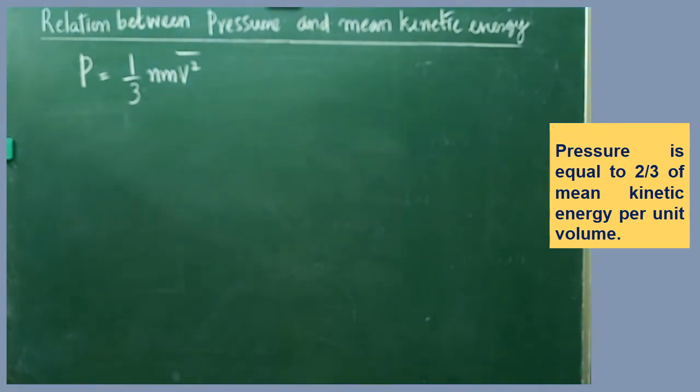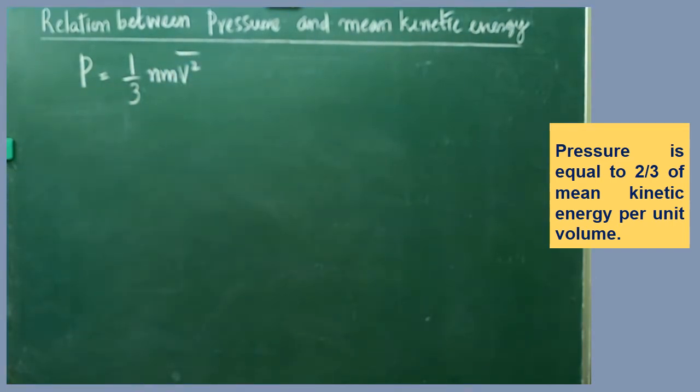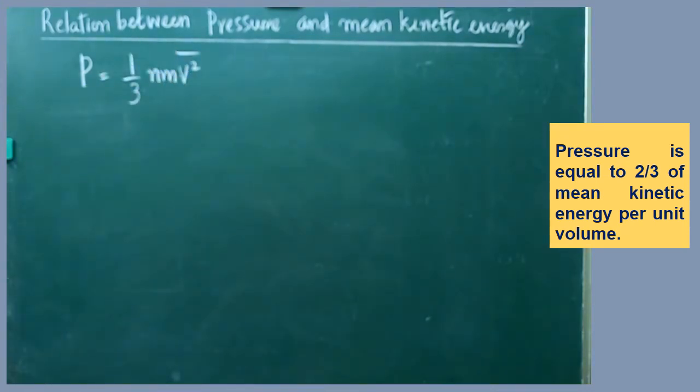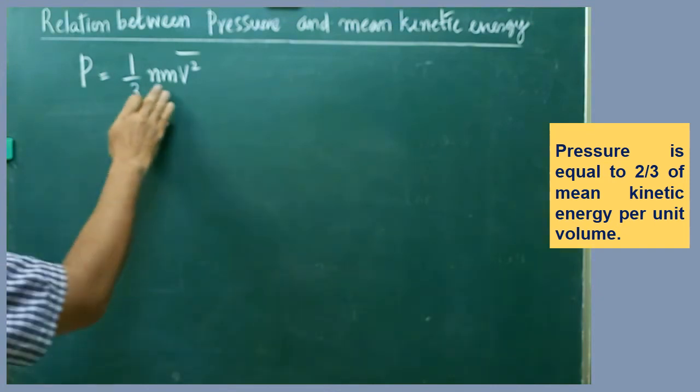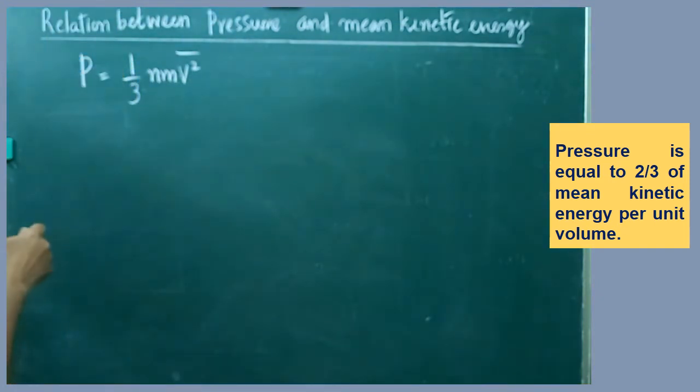Are you clear? We already know very well what v square bar is. That is the mean speed of the gas. Whenever you see the bar, it shows that it is an average. So this expression was already derived in the beginning of the lesson itself.